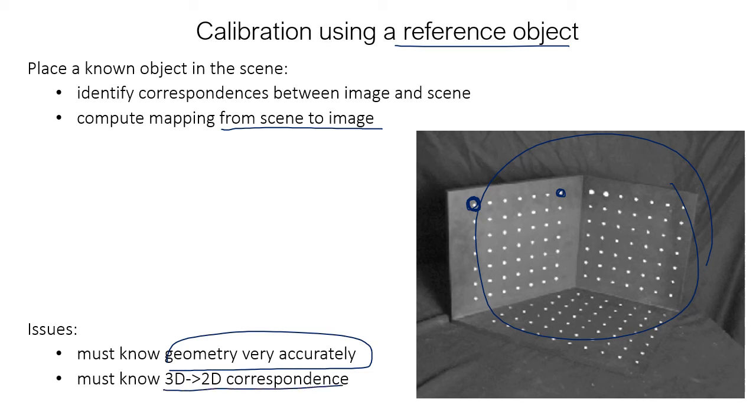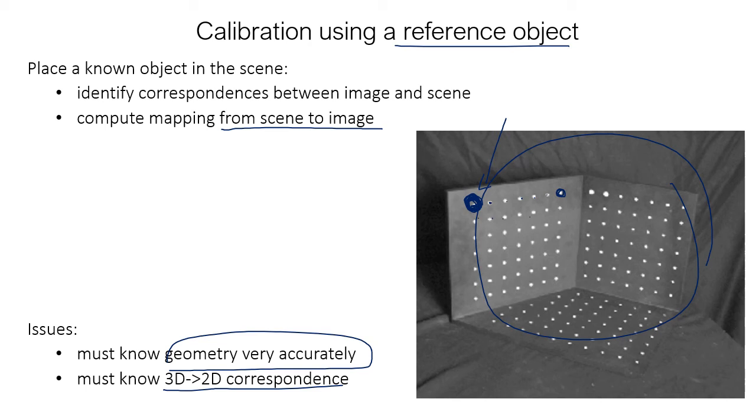So maybe it can be done automatically, or a human can annotate the correspondences between 3D points and 2D images, like clicking these images. Clicking these images, we can add the real 3D coordinate over here. Also, click this point, and we can know the real 3D point of this. So we repeat it for all points.